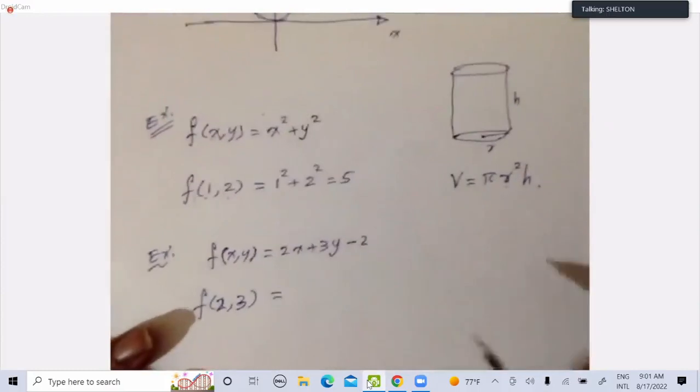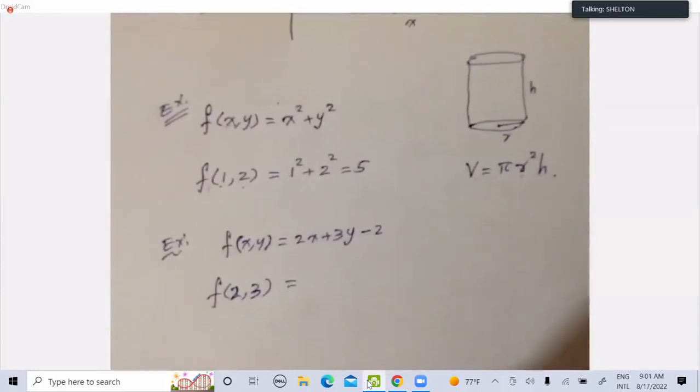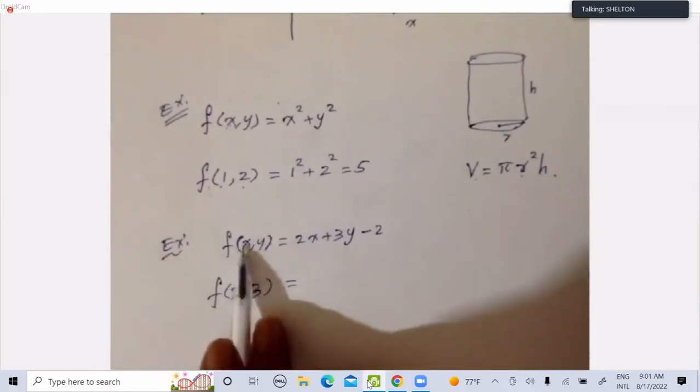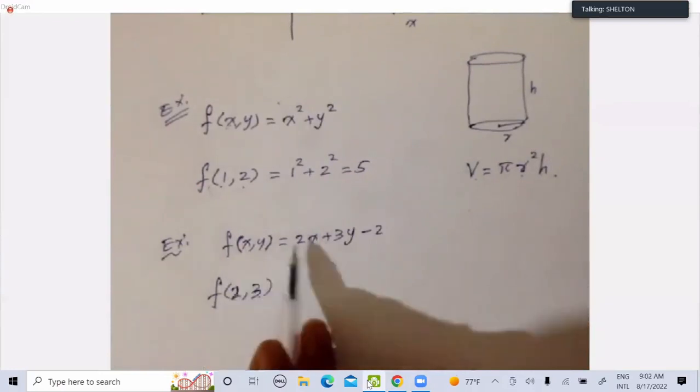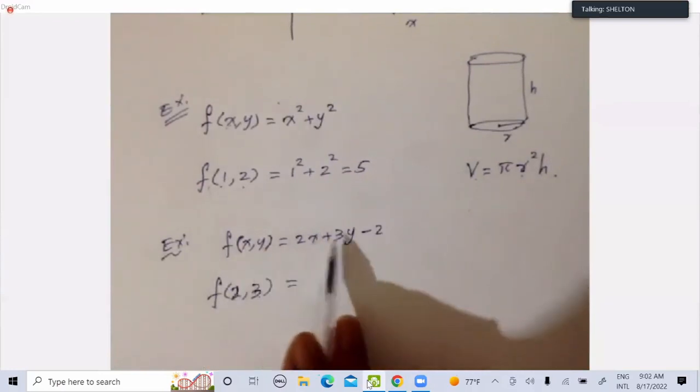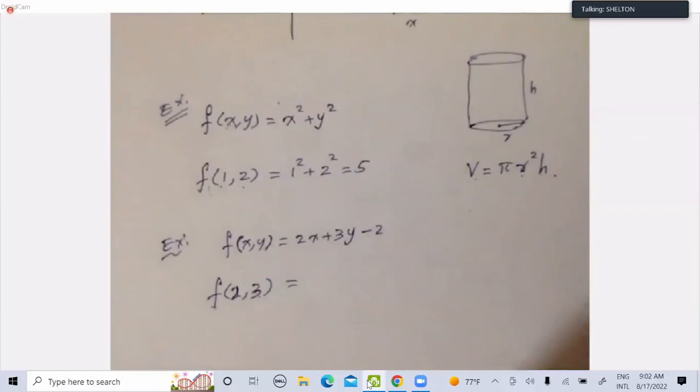Here, this is an ordered pair. If you want the rule applied to this pair of numbers, the output is twice the first input plus 3 times the second input minus 2.